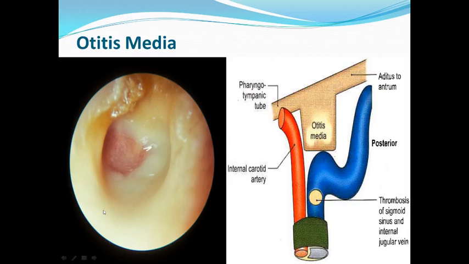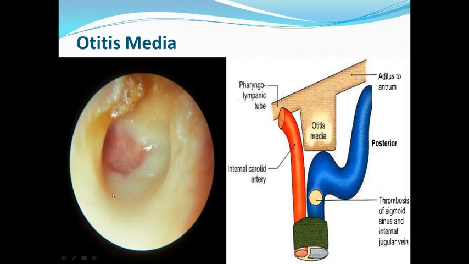So otitis media generally occurs due to throat infections. Throat infections commonly spread into the middle ear cavity through the auditory tube or the Eustachian tube, and cause otitis media. Yes, in otitis media, you can see this middle ear cavity is filled with pus.